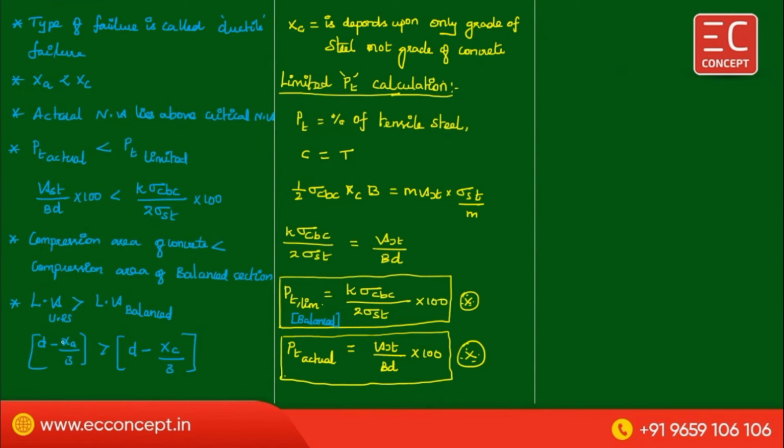Therefore, after simplification, you will get this is more than this one. Okay, but what is the thing? Moment of resistance. MR means moment of resistance of under reinforced section is less than moment of resistance of balanced section. As compared to balanced section, the under reinforced section moment of resistance is less. Okay, so this is the balanced. So that is a point.